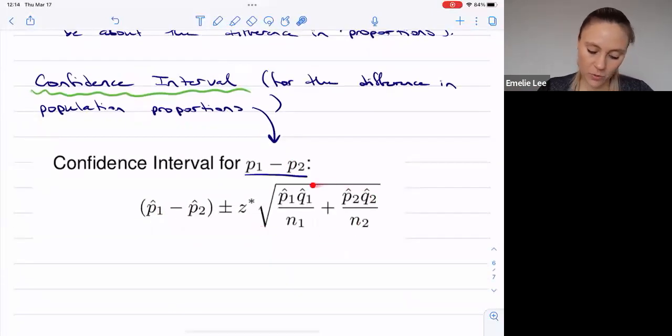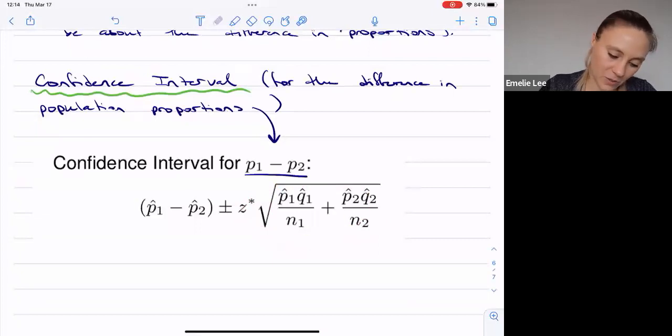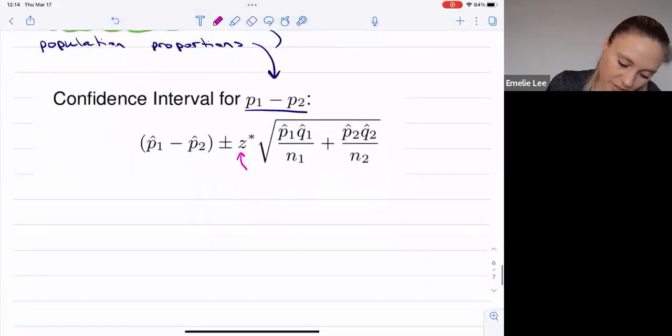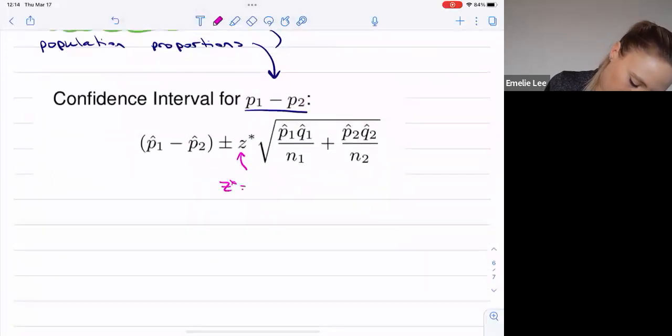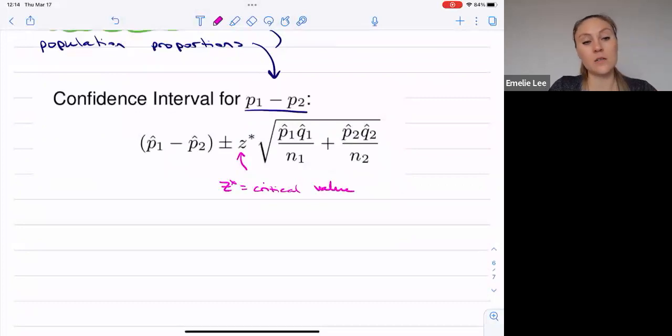So just like before, we have this margin of error, we have the standard error, and we have a critical value. Working backwards, Z star is the critical value, and you find it the same way as we did before.